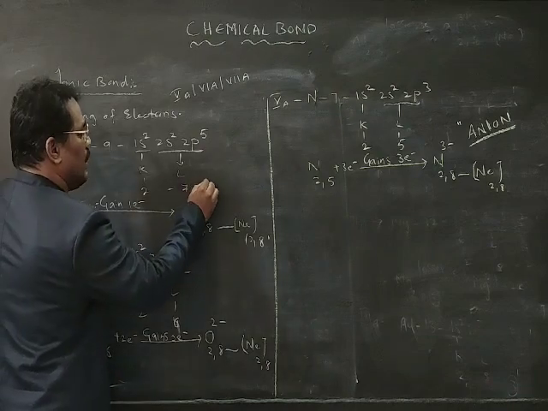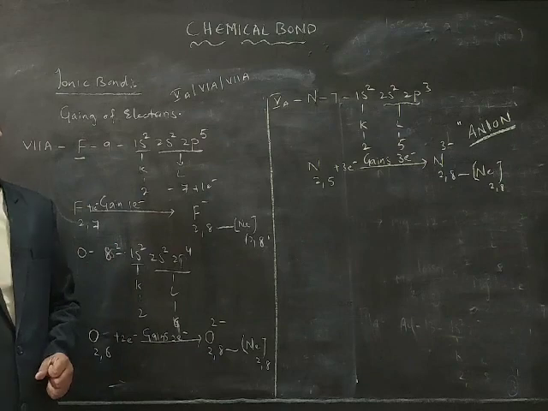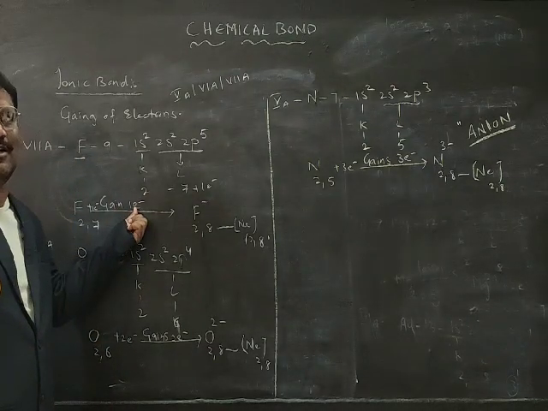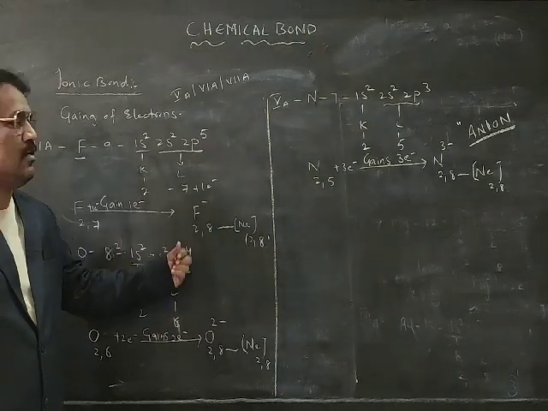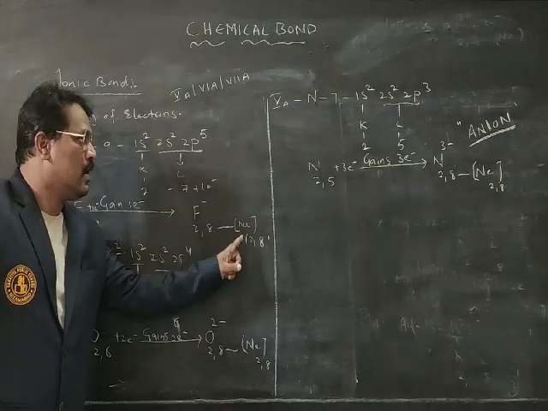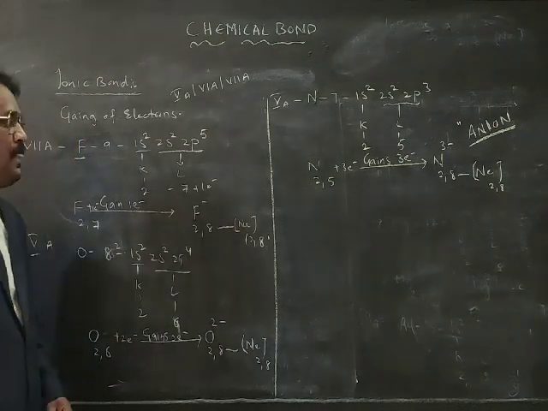Therefore, it requires 1 electron to attain stability. So this fluorine atom gains 1 electron and forms the fluoride ion, having electronic configuration 2, 8, nearly equal to the neon electronic configuration.